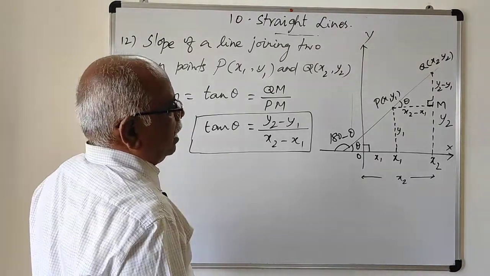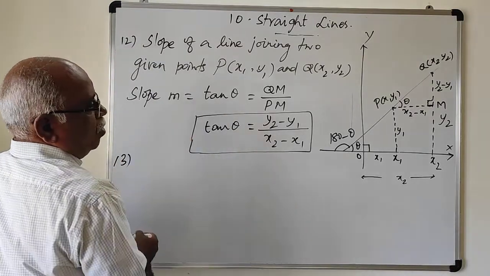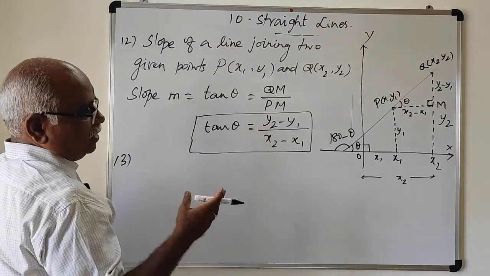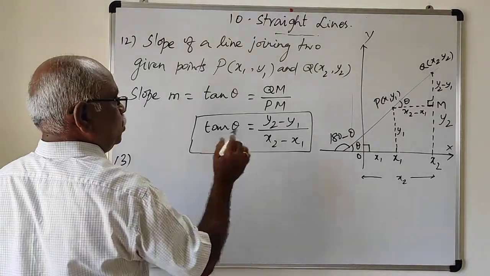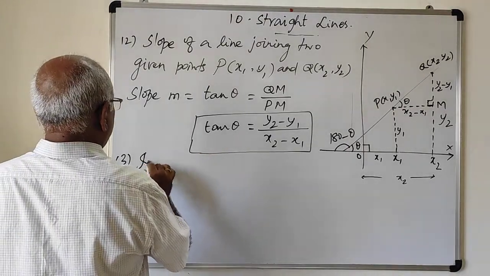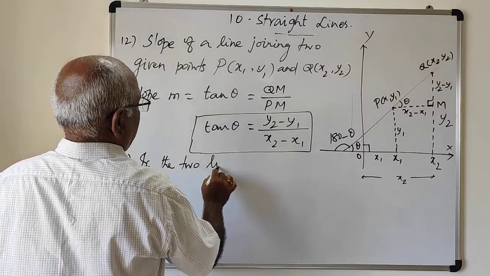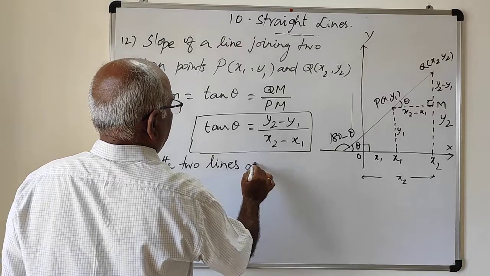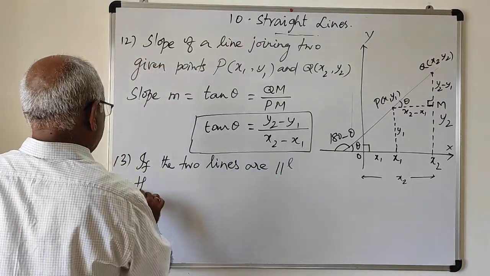Now for another result: what is the slope of two parallel lines? If the two lines are parallel, then their slopes are equal.